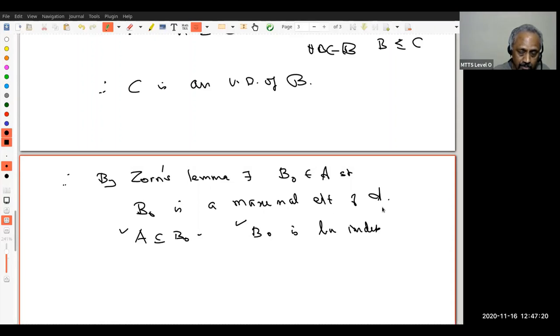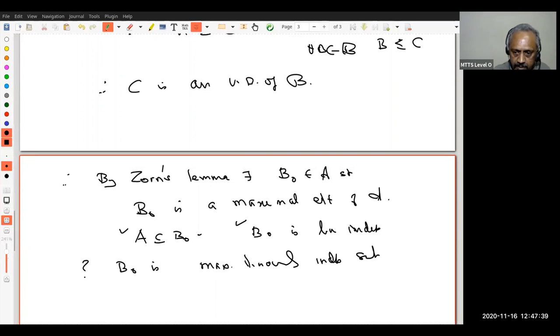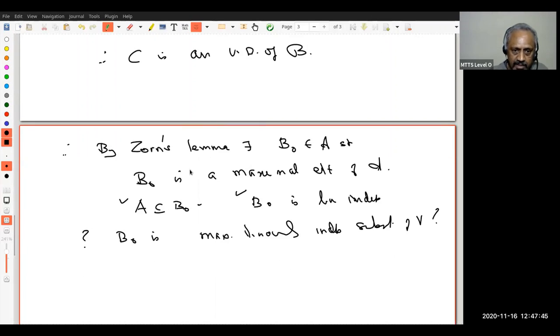No. This is a subtlety you have to pay attention to. This is a maximal element of A, but what I am supposed to show is that B naught is a maximal linearly independent subset of V. You understand? So let us do that.